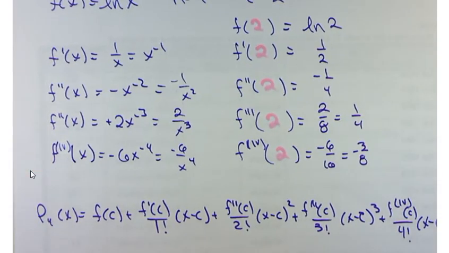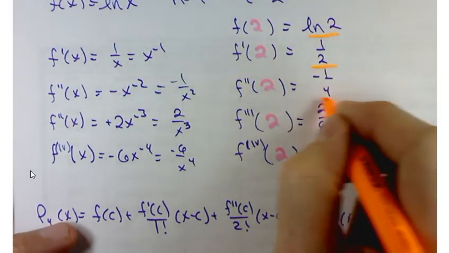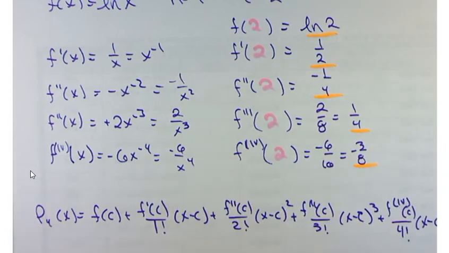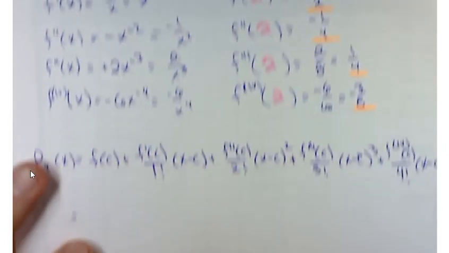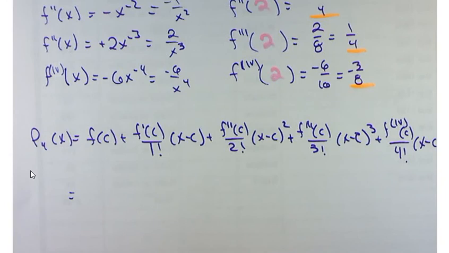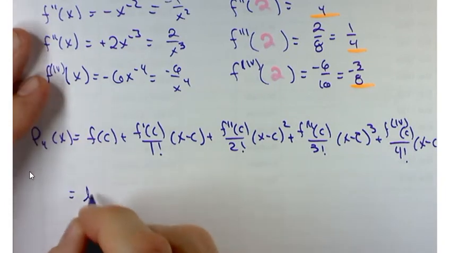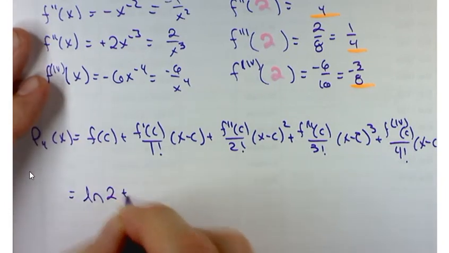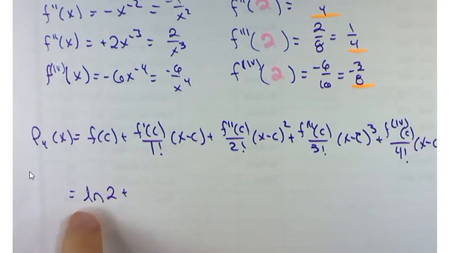So those are all my functional values. Let's put these into this formula down here and see what happens. P4 of x is going to be the ln of 2. But remember, that's just a constant, so that's okay.